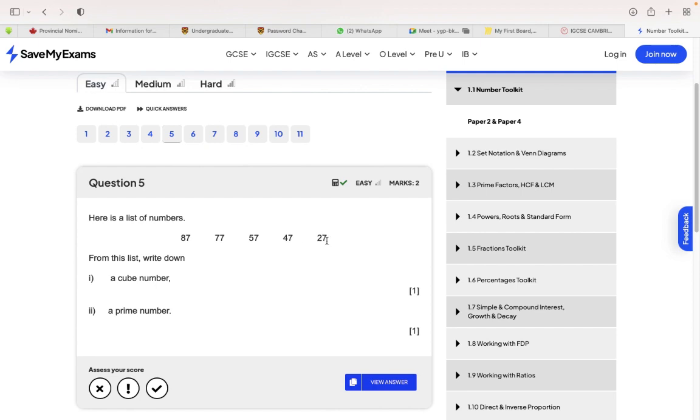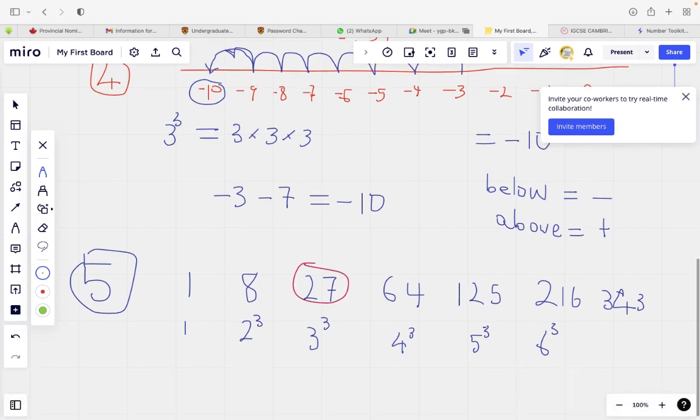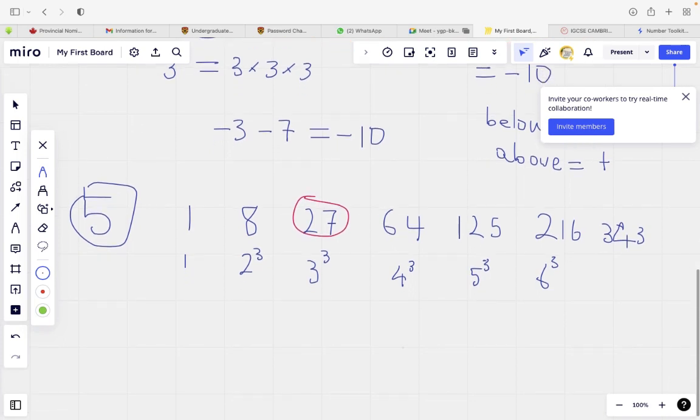The only cube number here is 27, because if you go back to the list of numbers that I've written down, you can see 27 as one of the cube numbers. So our answer in this regard is 27. From the list of numbers given to us, the only cube number is 27.